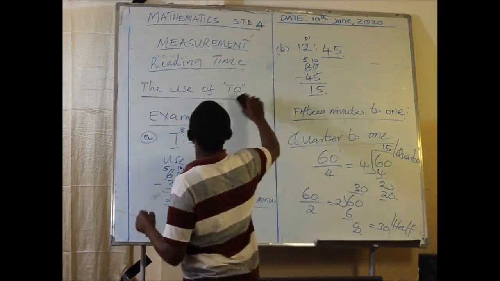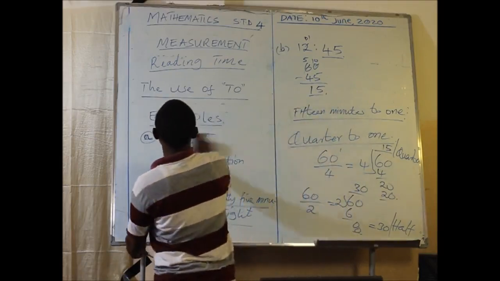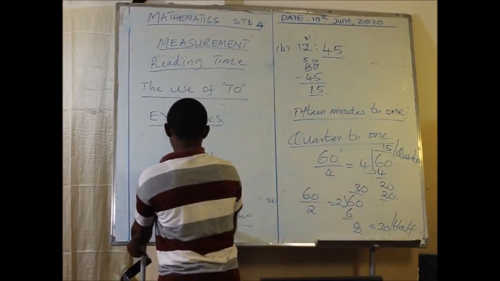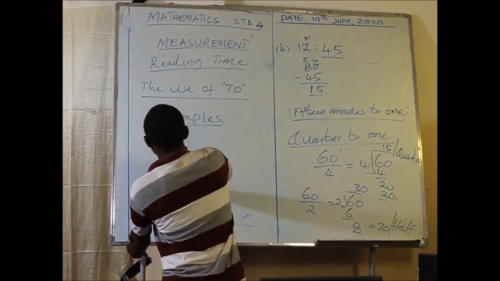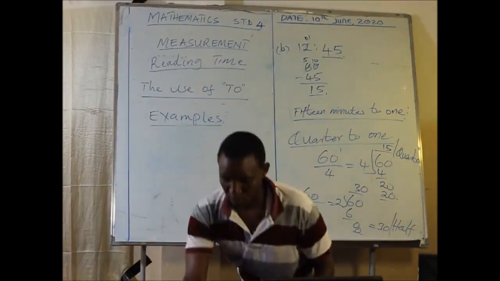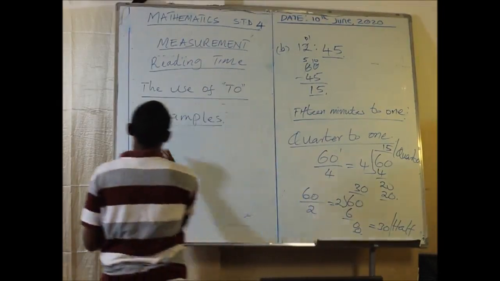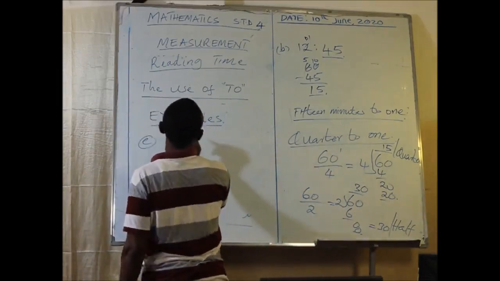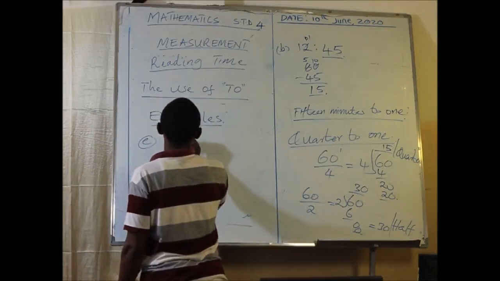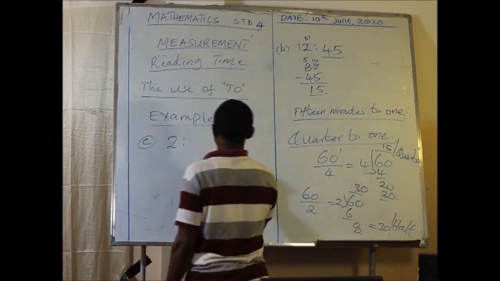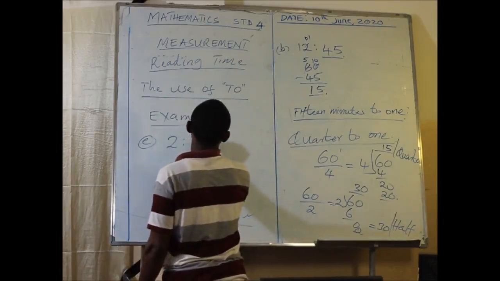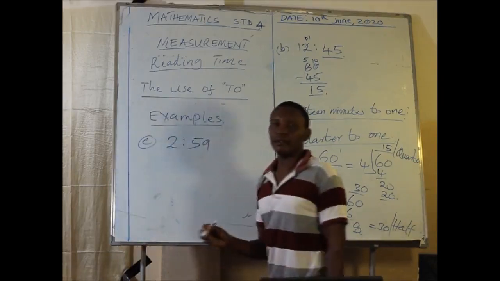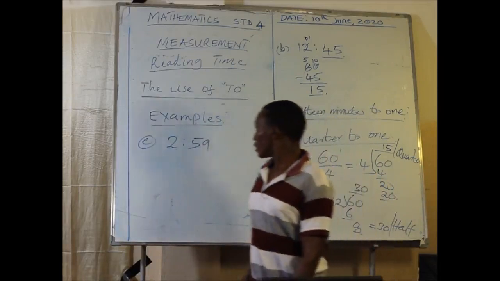Let us continue to another example, which is example C. Let's say it is 2.59.